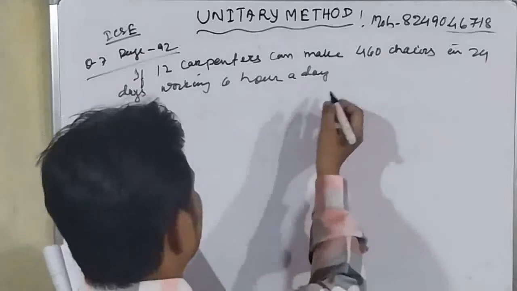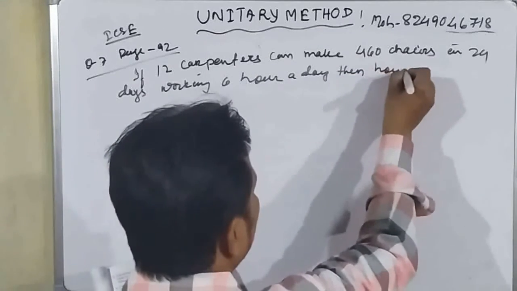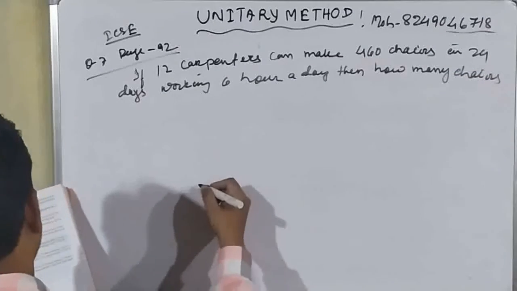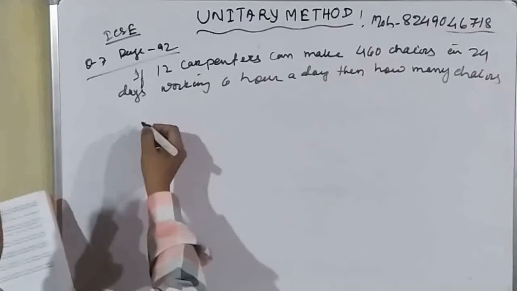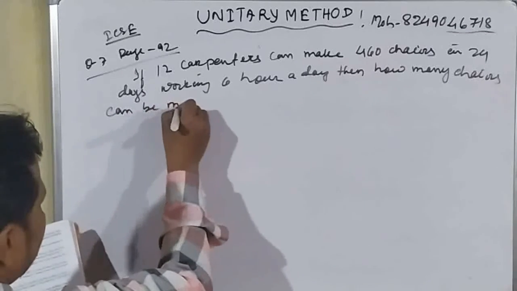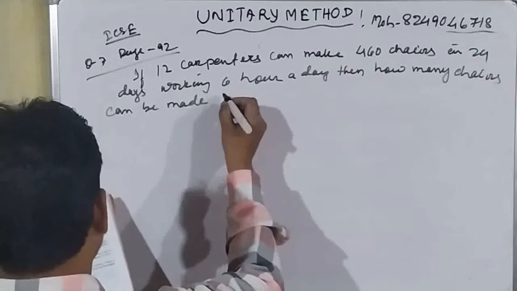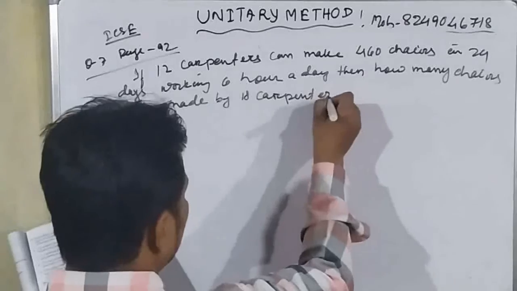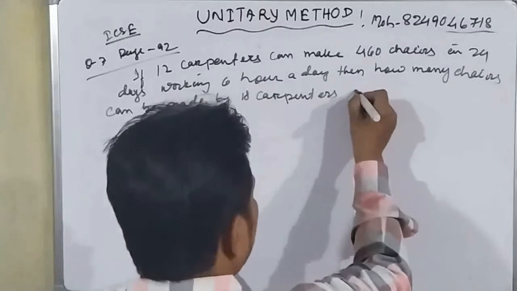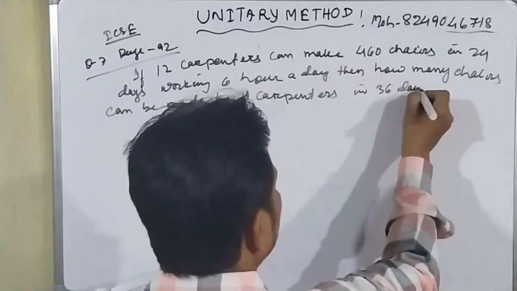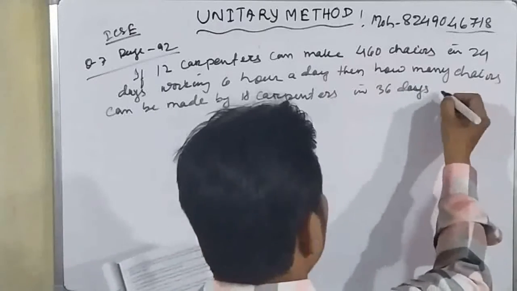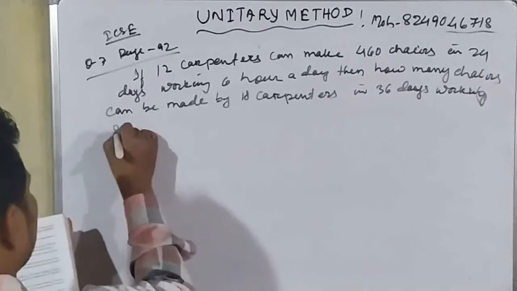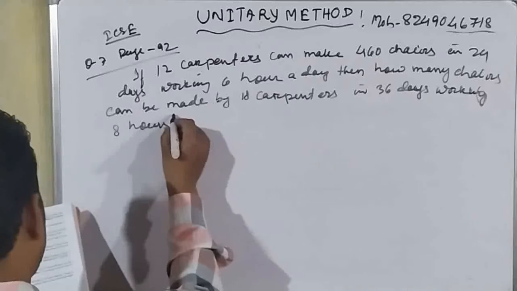Then how many chairs can be made by 18 carpenters in 36 days, working 8 hours a day.